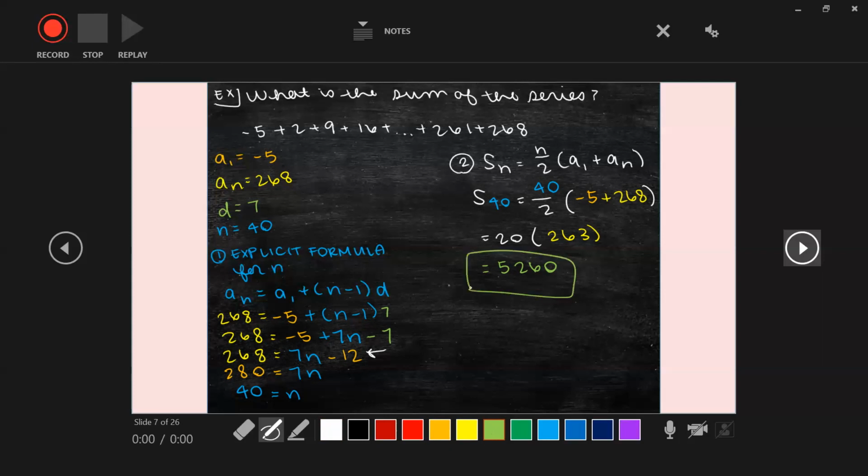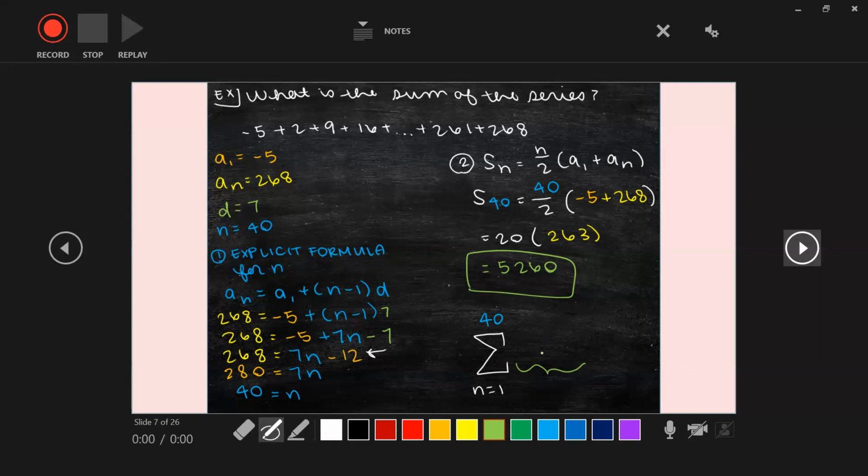Very good. If I were to write this in summation notation in a Riemann sum, what would I put down here? Yeah, n is equal to 1. What would I put up here, Emma? 40? And this is the tricky one. Can anyone tell me what I'm going to put here? 7n minus 12.